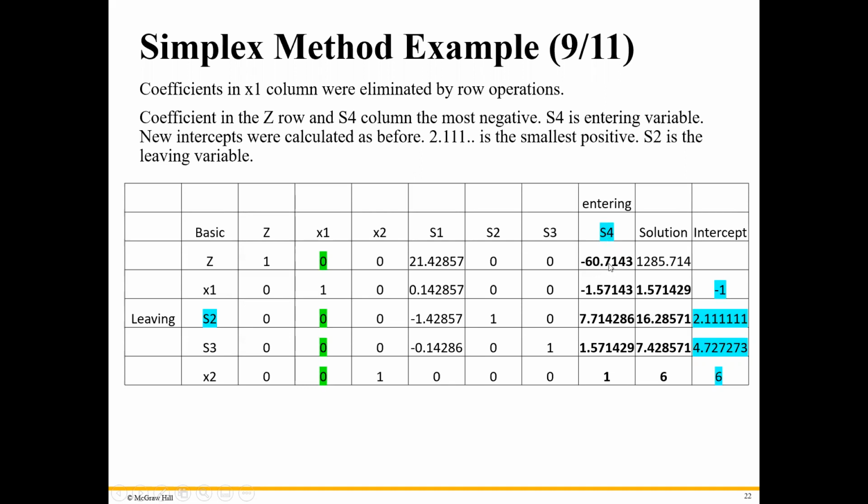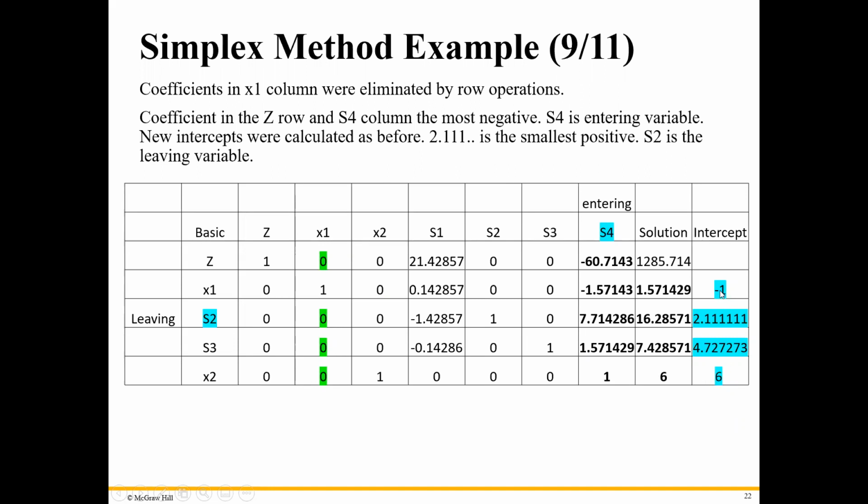Now we have to divide: this minus 1.57, so this will be minus 1. Then 16 with 7, this will be 2.11, and 7.42 with 1.57, this will be 4.72, and 6 divided by 1, so it will be 6.